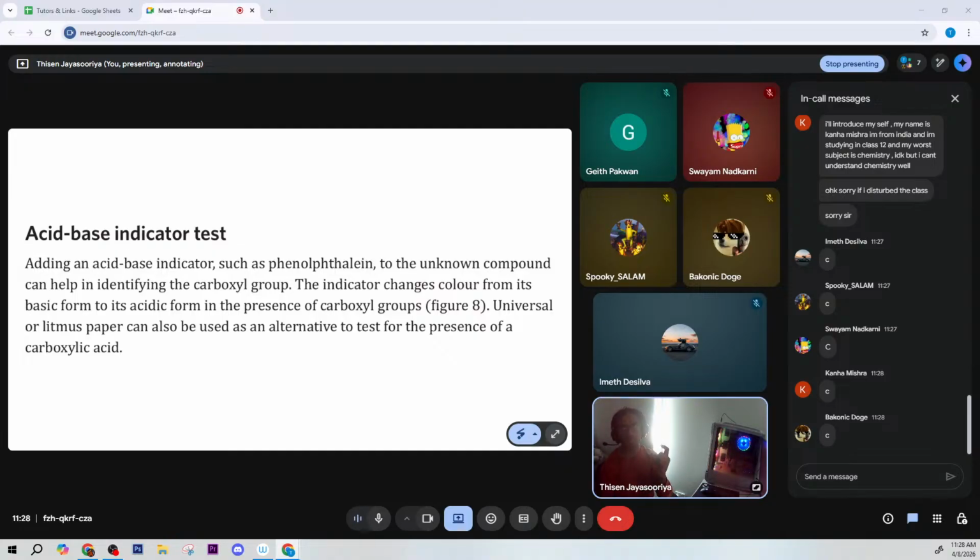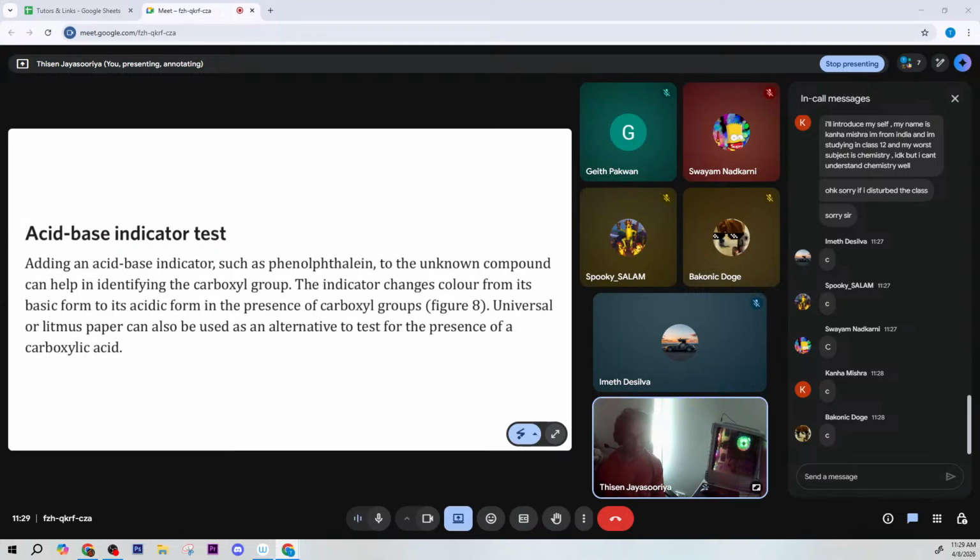The more dark red the litmus paper becomes, the higher the concentration of acid. And the only organic molecule that we know of which produces this is a carboxylic acid. There's no other acidic homologous series.